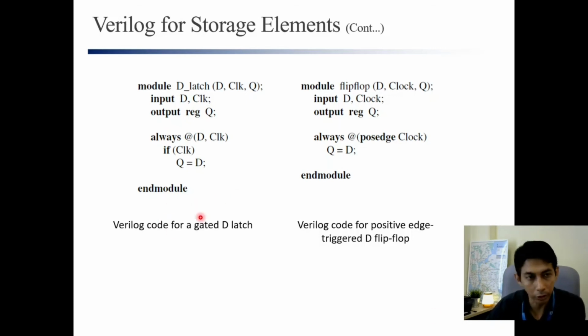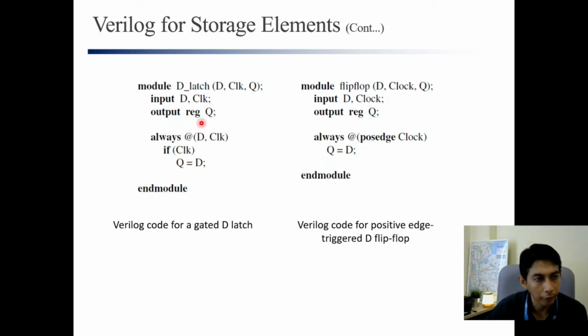I should show this code for you. Okay, so this code is to model the D latch, right? For our D latch we have D input and clock input, and the output is Q. So input D, clock, and Q, and again Q is inside the always block.